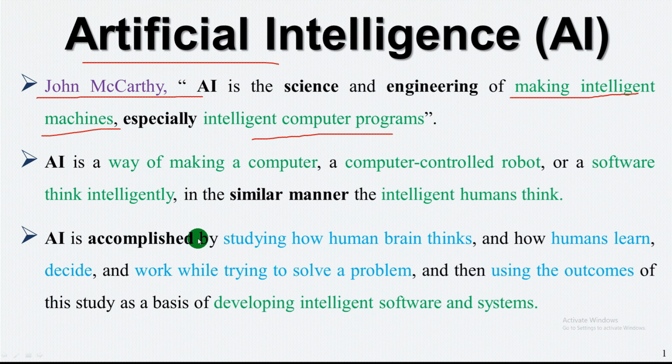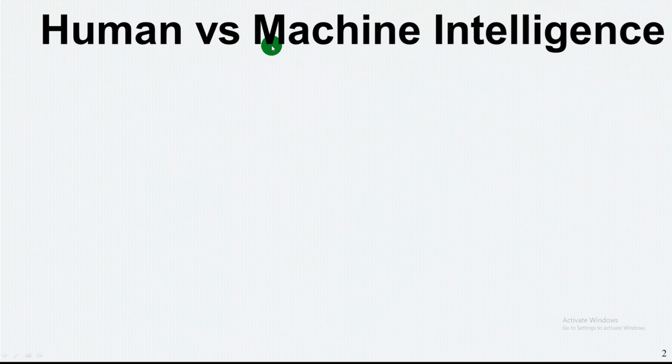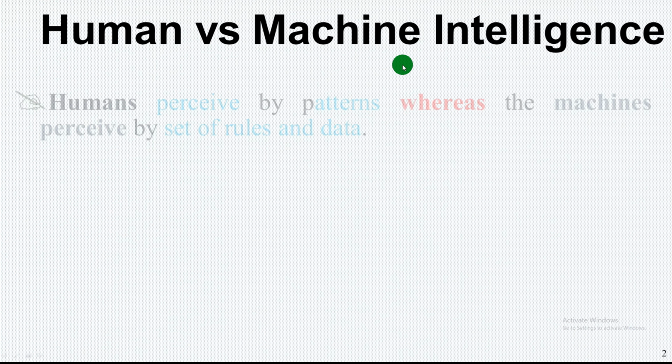AI is accomplished by studying how the human brain thinks, how humans learn, decide, and work while trying to solve a problem, then using the outcome of this study as a base for developing intelligent software and systems. Human versus intelligent machine.